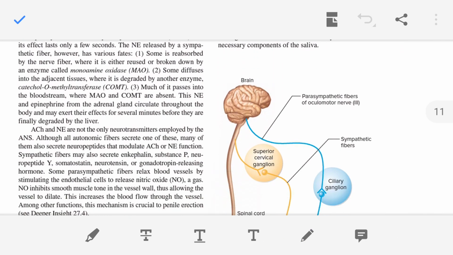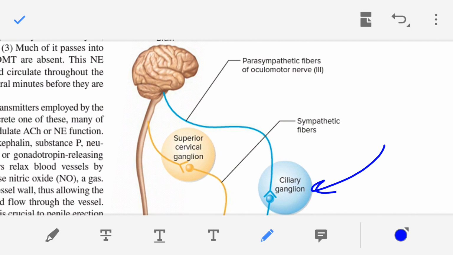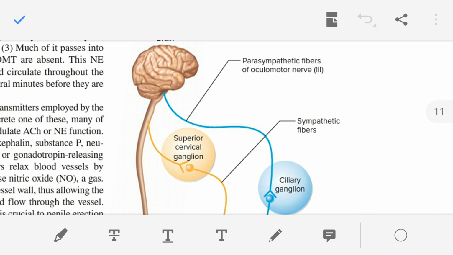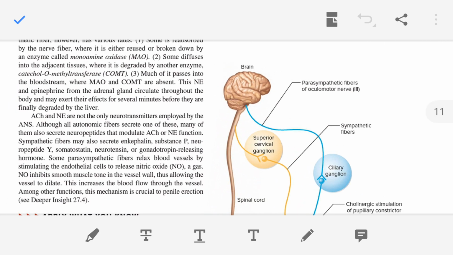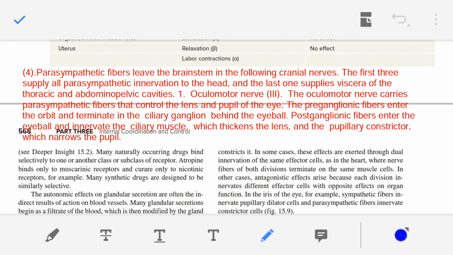Here in the figure you see the ciliary ganglion behind the eyeball, and the preganglionic neurons or parasympathetic fibers terminate there. Postganglionic fibers then enter the eyeball and innervate the ciliary muscle.